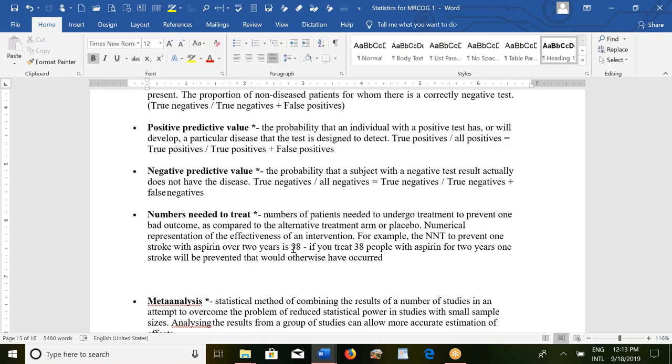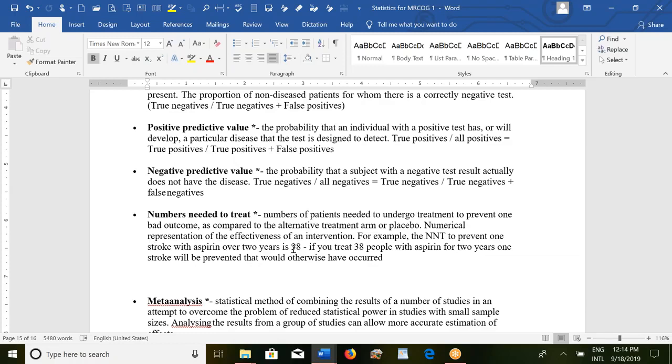So if the number needed to treat is very high, then it means there is no benefit of giving a certain treatment. I will give you one example. If you have many patients who are at 31 weeks of pregnancy and you are giving them antenatal corticosteroids, then at this stage maybe you will have to give antenatal corticosteroids to 80 patients to prevent one case of respiratory distress syndrome.